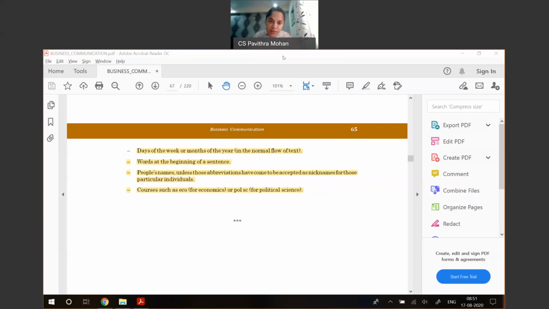Acronyms are globally accepted short forms of organizations, whereas abbreviations are the short forms which is being used by individuals, okay, or organizations. That's what is called as abbreviation and acronyms. When things are explained, kindly concentrate. Don't concentrate on other things.